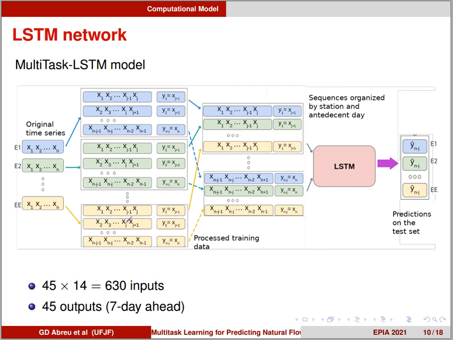This neural network has 730 inputs, 600 inputs, and 45 outputs, one output for each station. And all the predictions for all stations are performed by the same model.